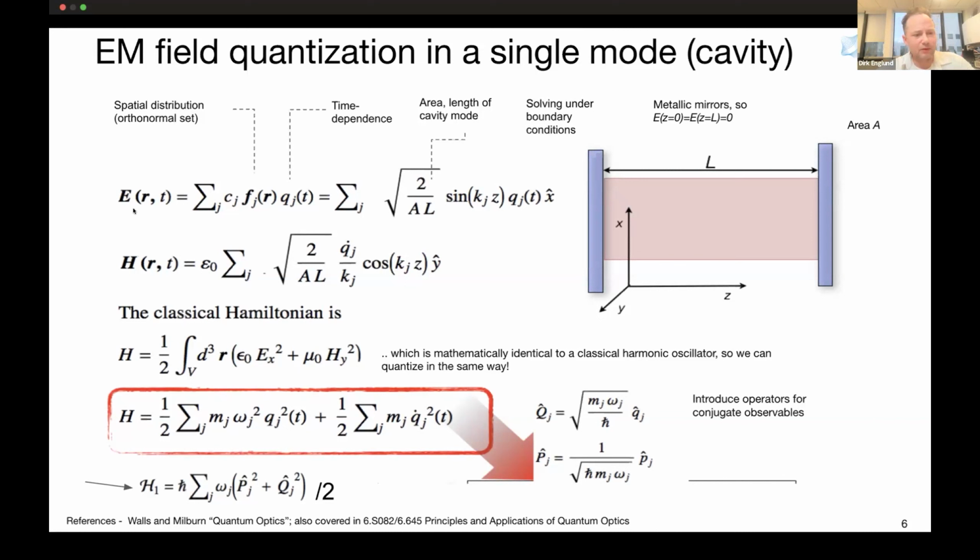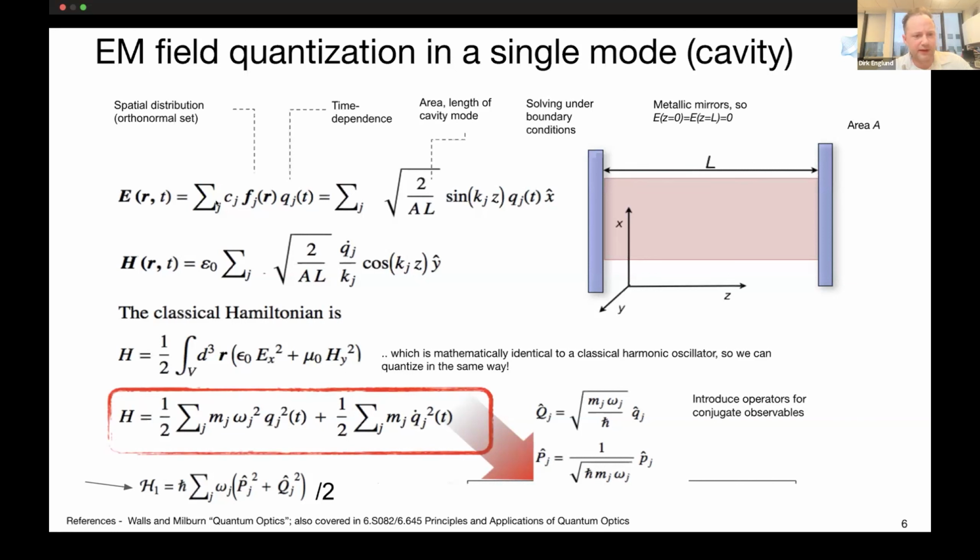Then we can write out our electric field, which of course is a vector over space and time, as a Fourier series over components that capture the spatial information of the field as well as the temporal information, summed over the eigenbasis of that problem with the subscript j.